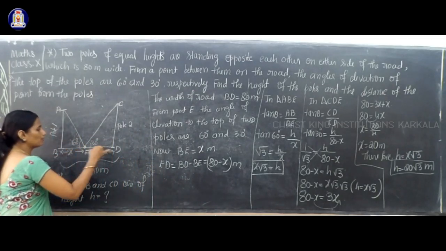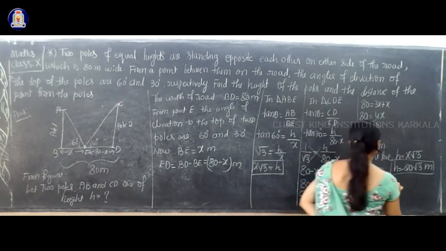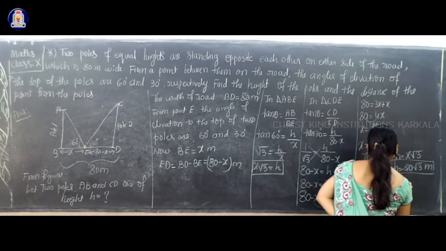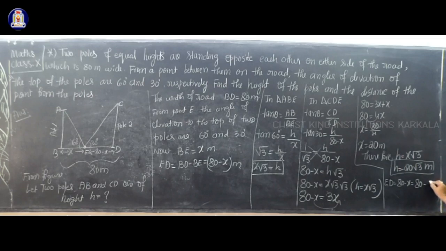So what is the second point? That is 80 minus x. So therefore ED is equal to 80 minus x, which is 80 minus 20. So ED is equal to 60 meter.